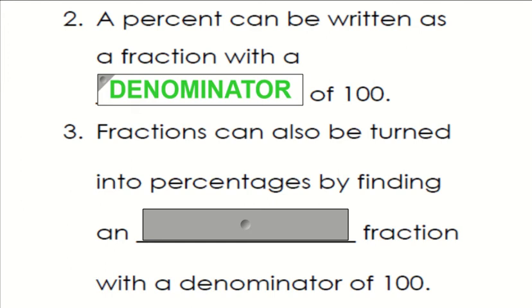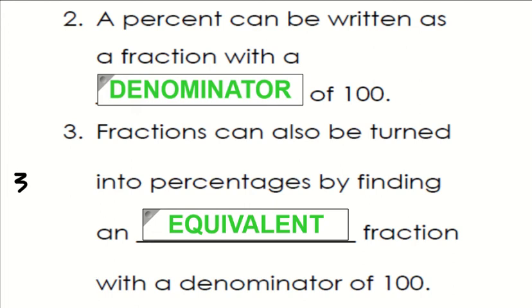Fractions can be turned into percentages by finding an equivalent fraction with a denominator of 100. So if I had 3/4 as a fraction, I can change that into a percentage by figuring out an equivalent fraction with a denominator of 100. There are two ways you can look at this.